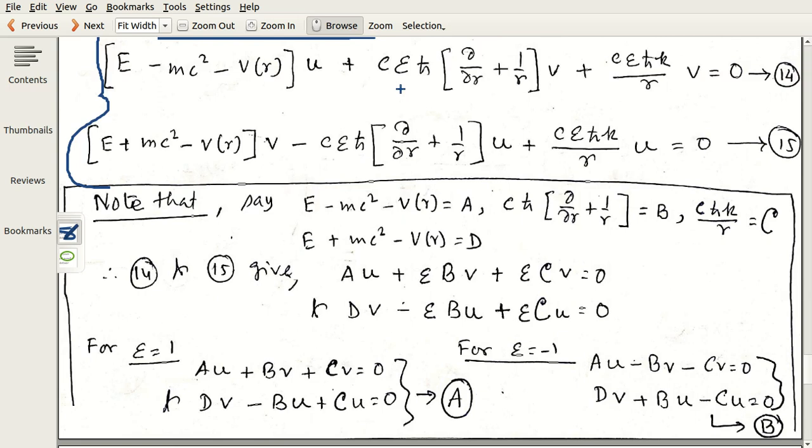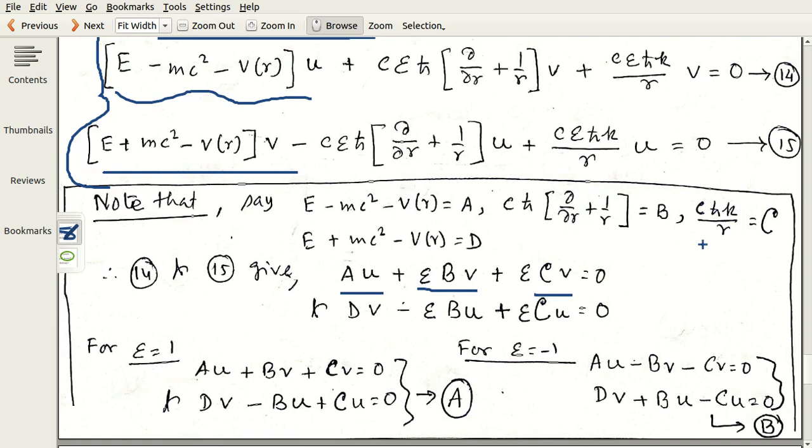Now we want to focus a bit more. For convenience, I just named this part A, this part B, this part C, and this part D. B and C are common here, so equation 14 becomes AU plus epsilon BV, and so on.